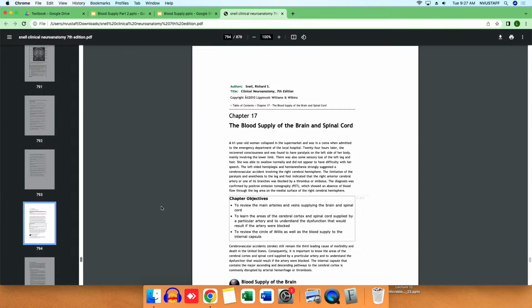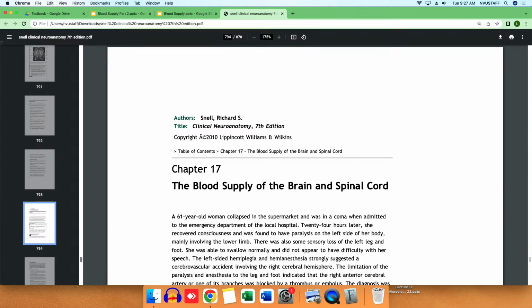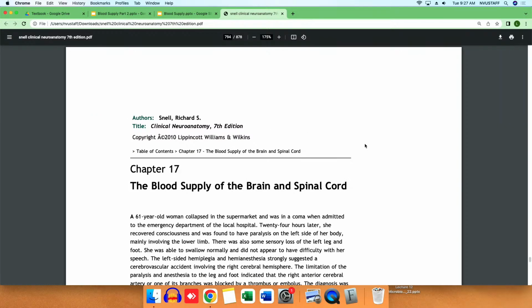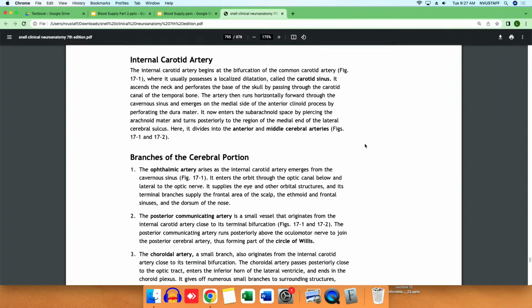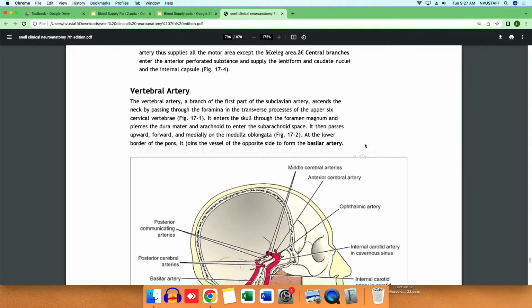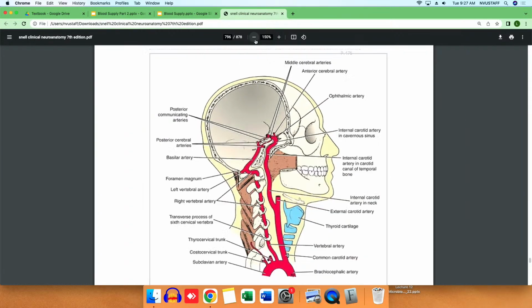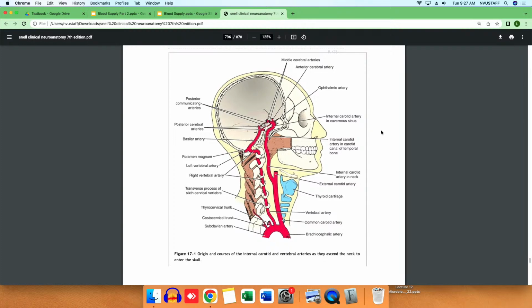Yeah, here we are. This is chapter 17 with the blood supply of the brain and the spinal cord. Some of the pictures I took from here, some of them are from different sources in my presentation. So that's why I truly believe that it will be useful.